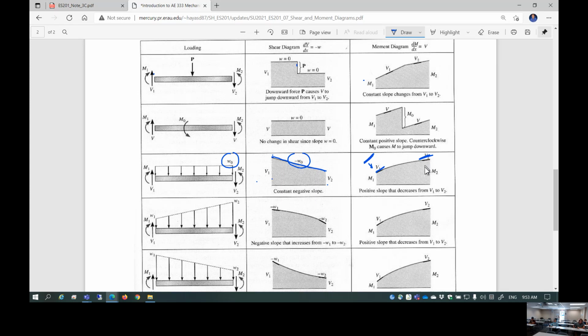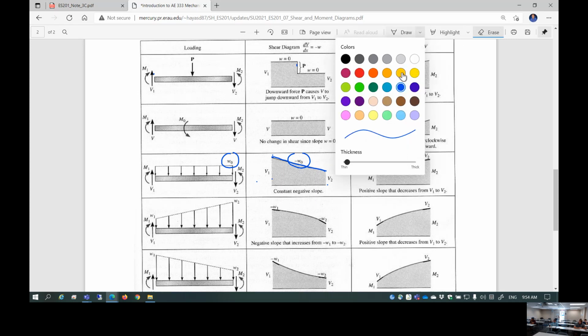Okay? Because slope is the magnitude of shear at each location. So the slope is constantly changing. So this is a decreasing slope. This is a nonlinear equation. It's not easy to figure out nonlinear things. This is typically the nonlinear behavior of moment. But you can at least determine the slope at the beginning here and the slope at the end here. And also, how much change happened?